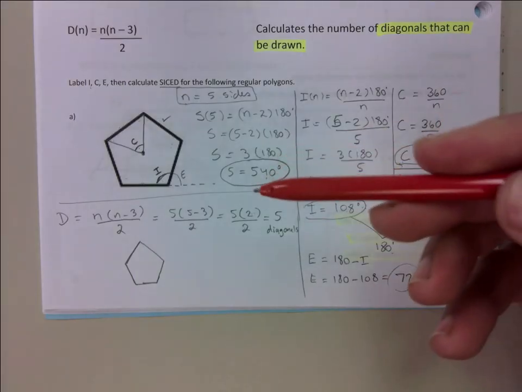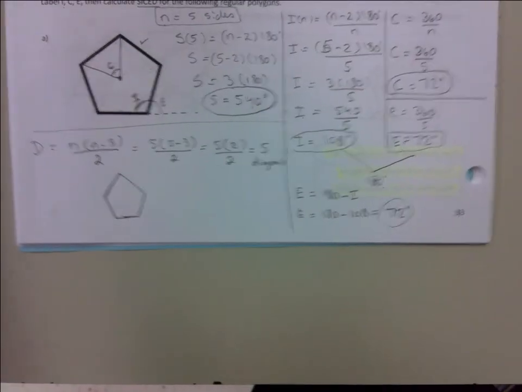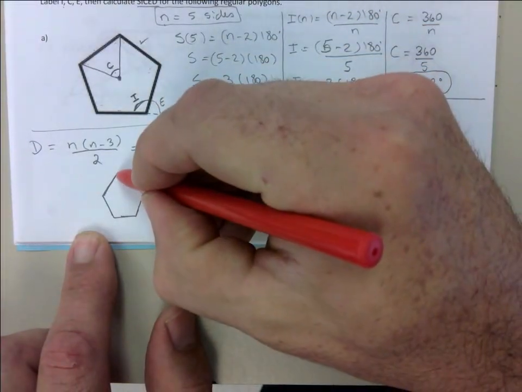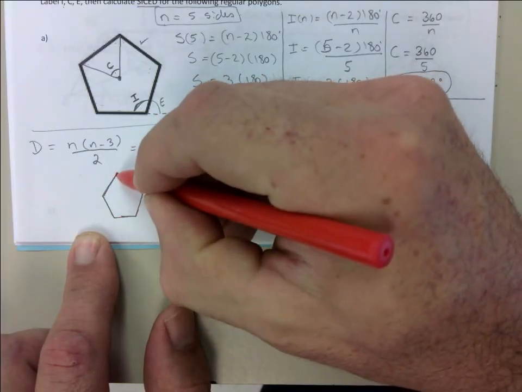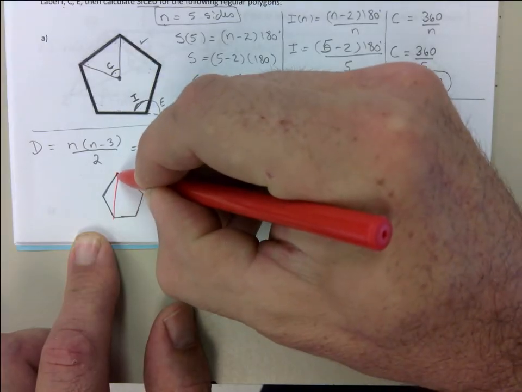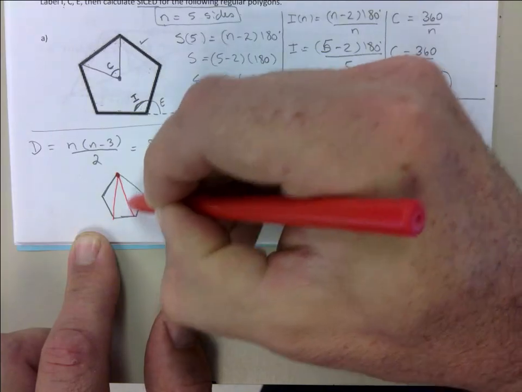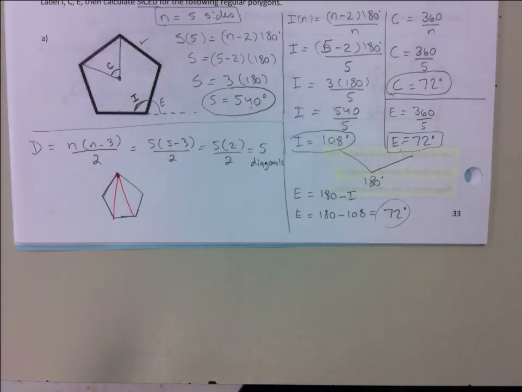I'm going to use a red pen for the first couple of diagonals. So technically, if you go from one corner, you never travel along the sides, right? You go across the shape. So this would be 1. From this corner to this corner would be 2. That's all I can do from that corner. So we've got 2 diagonals so far.